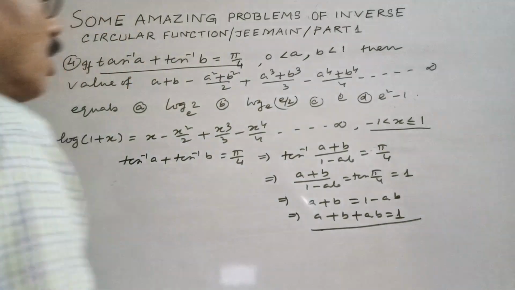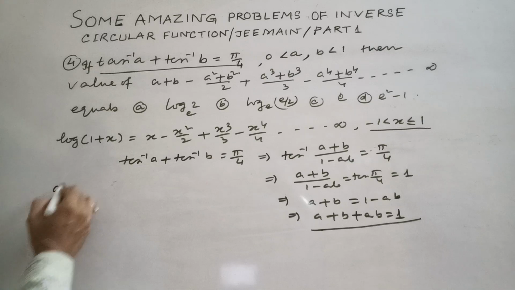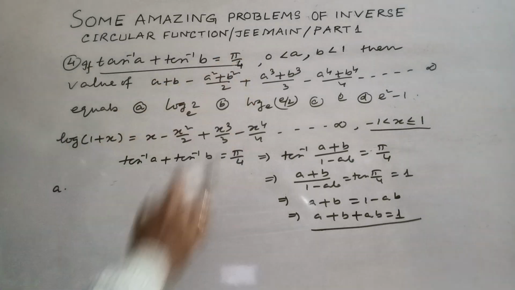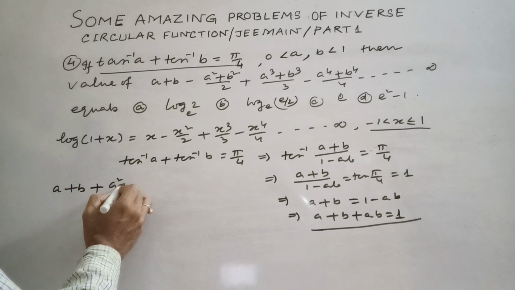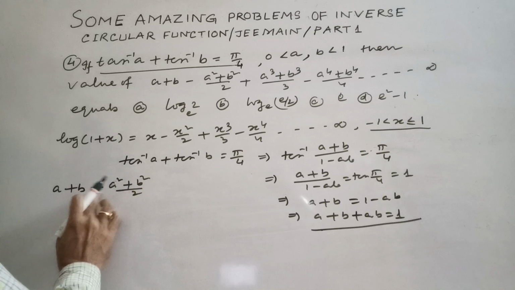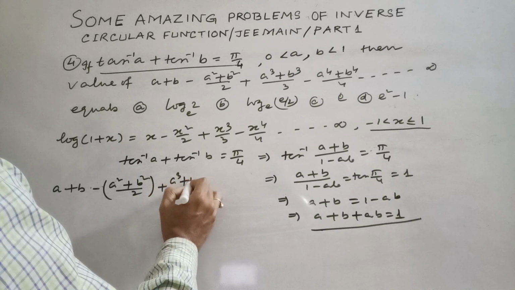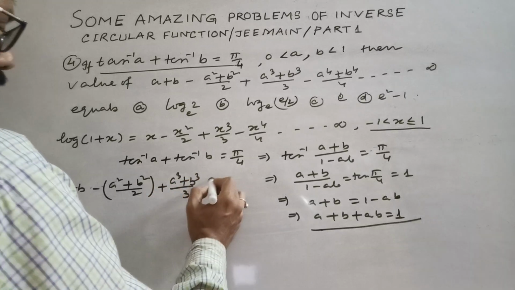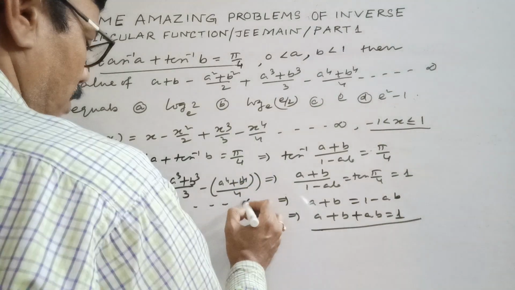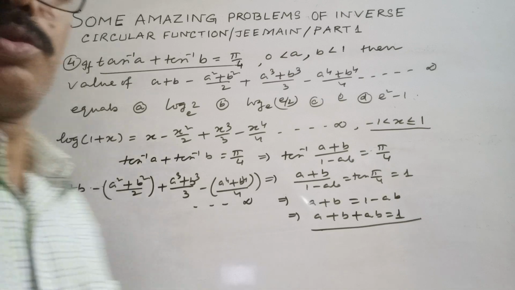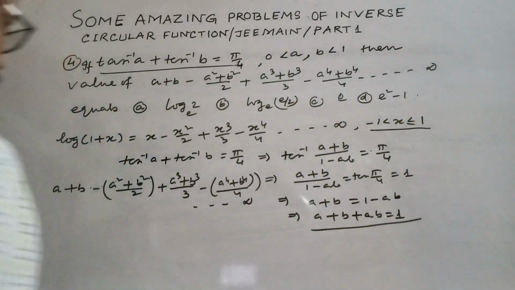Now you look at the series. This is an infinite series. So A plus B, then A square plus B square by 2, this one is minus, then alternately plus and minus, A4 plus B4 by 4 dot dot infinity. Now look, we want to put this series in terms of a well-known series.